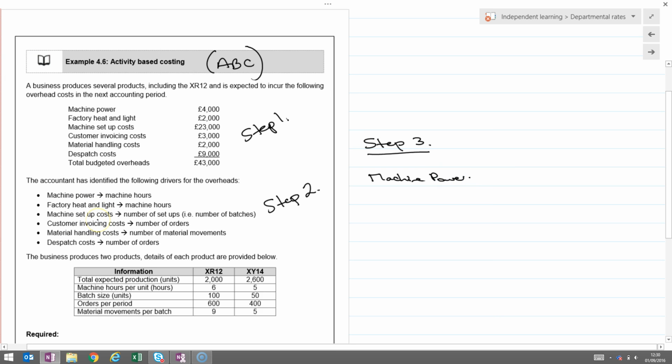And factory heat and light was also caused by machine hours. So machine power was £4,000, factory heat and light £2,000. So we've grouped those together. So that's one of our cost pools.